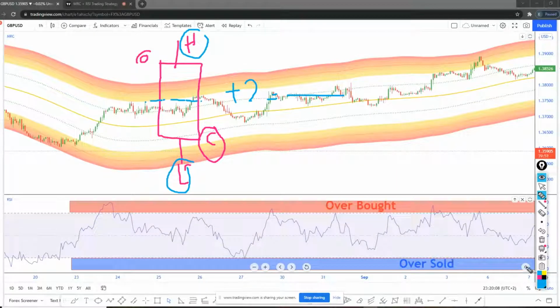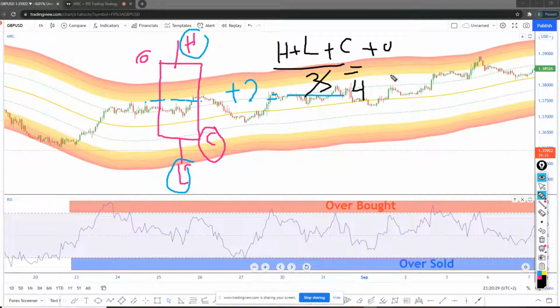Other ones give a little bit of extra weight to the close, so they use high plus low plus close and divide by 3. That's what we have right here, HLC divided by 3. Some other ones also add the open and divide by 4, which gives you the average of the high, open, low, close price. In our case we are using HLC divided by 3, just to give you an idea.